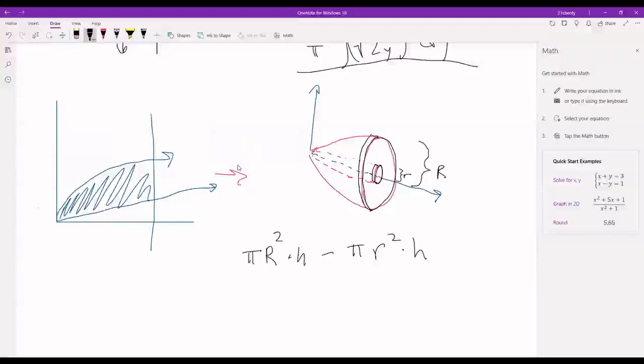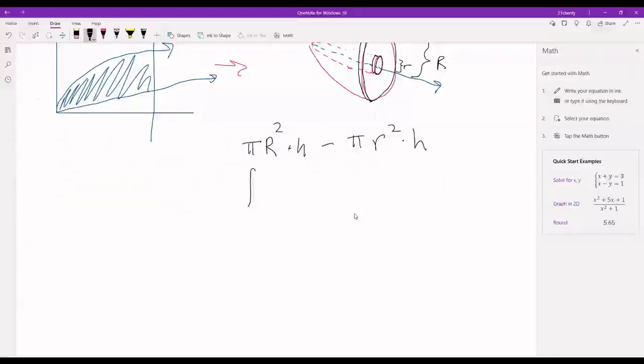And then we want to integrate it. So we go pi r squared minus pi small r squared and dh.